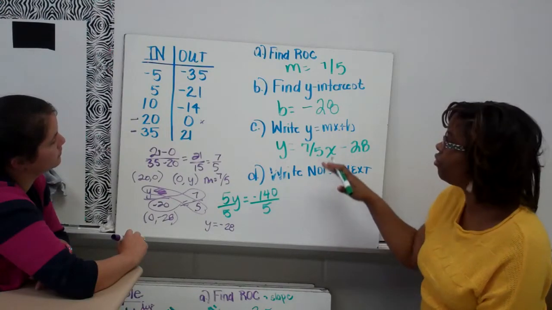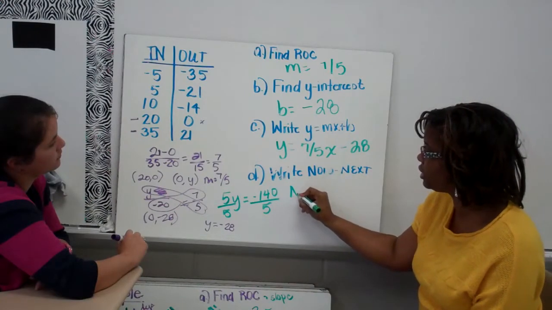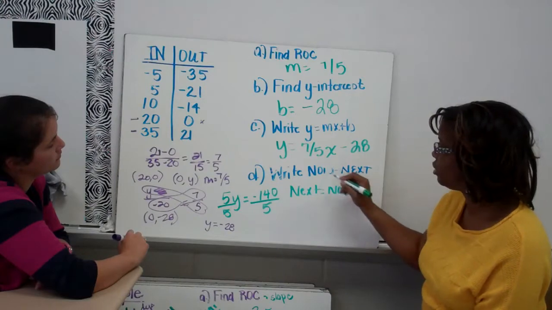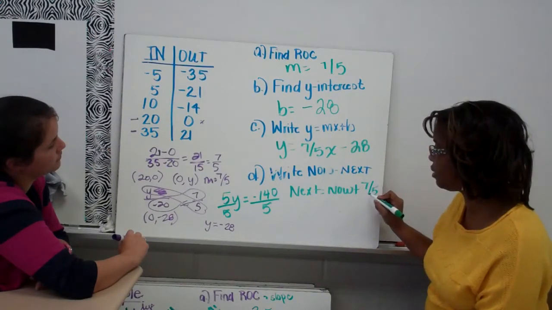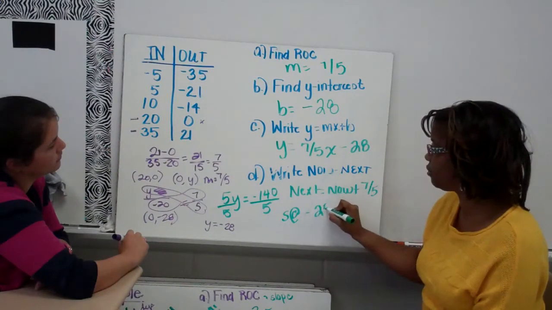Now remember, going from your now-next equation, if you know the explicit, it should be simple. It's next equals now, this is positive, so plus 7/5 every time, starting at negative 28.